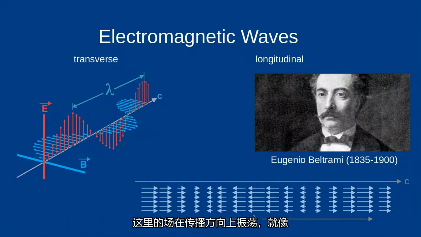Here the fields oscillate in the direction of propagation, as is the case with sound waves. This opens up completely new application possibilities. These longitudinal waves cannot be shielded. Some authors also speak of scalar waves in this context, but this is not a correct term.